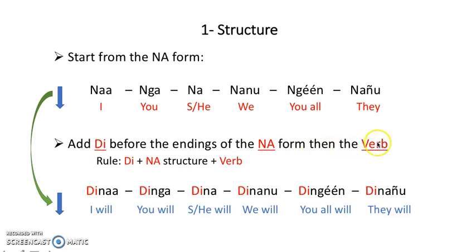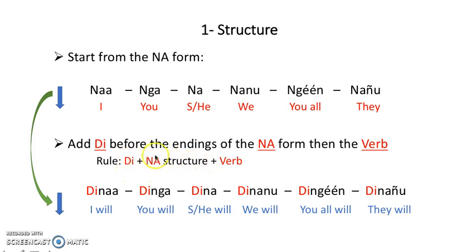And then you add the verb that you are conjugating. So di plus the na structure, any of these, depending on which subject you are referring your conjugation to, and then you add the verb. So again, that's how it is structured.